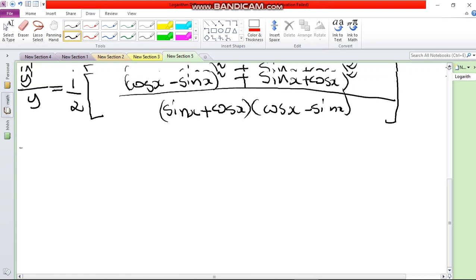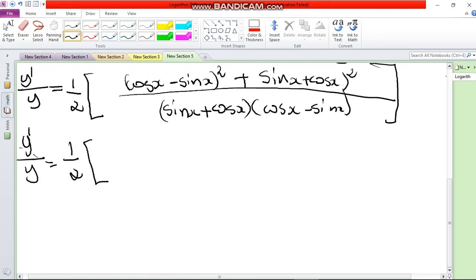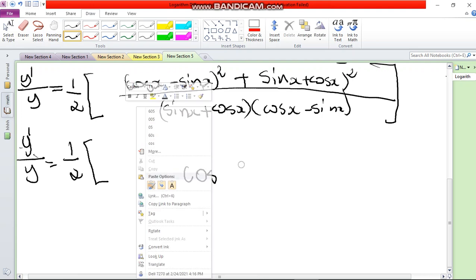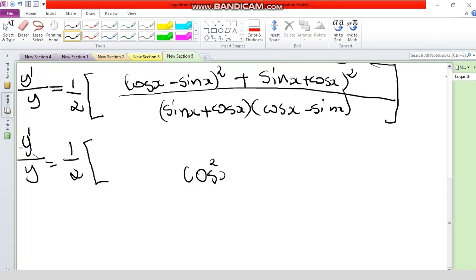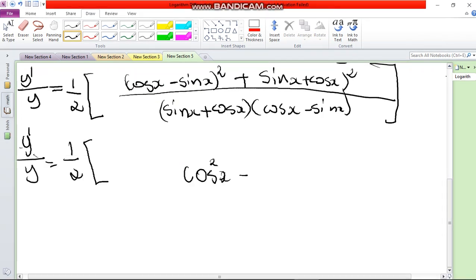Okay. On the left hand side, I still have my y prime over y, which is 1 over 2 into, if you can look at this is a difference of two squares, so I can simply write my denominator as cos squared x minus sin squared x.